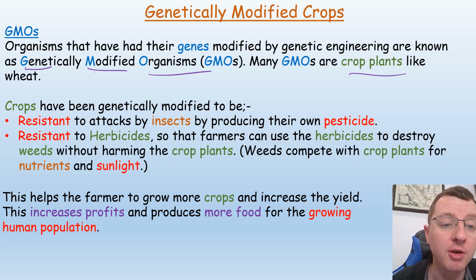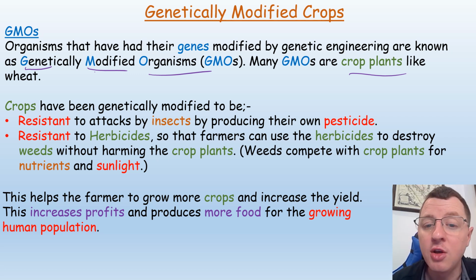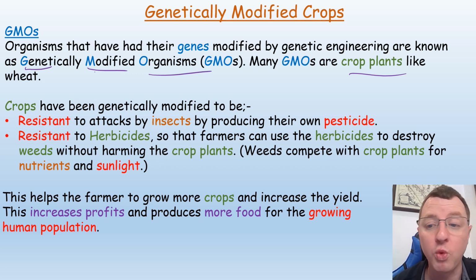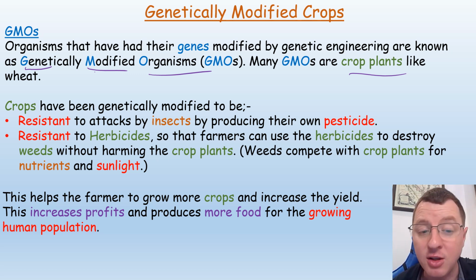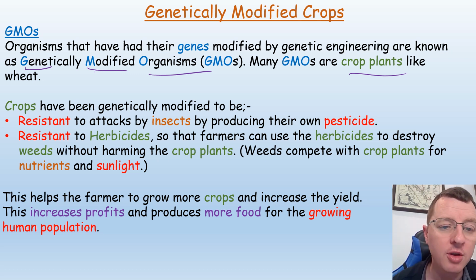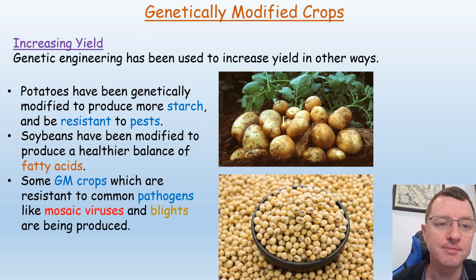Crops have been genetically modified to be resistant to herbicides so that farmers can use the herbicides to destroy competing plants and weeds without harming the crop plants, because the weeds will compete with the crop plants for nutrients, space, sunlight, etc. So if we can get rid of those weed plants, we will be able to increase the yield of the crop plants. As I say down here, this helps the farmers to grow more crops and increase the yield. This increases profits and produces more food for the growing human population.